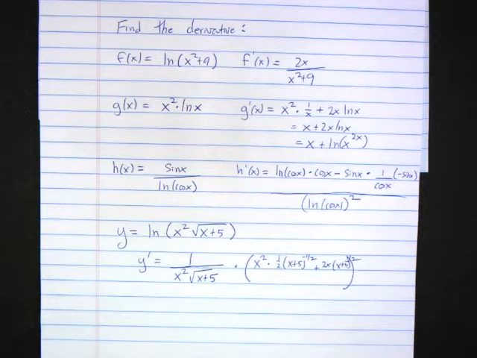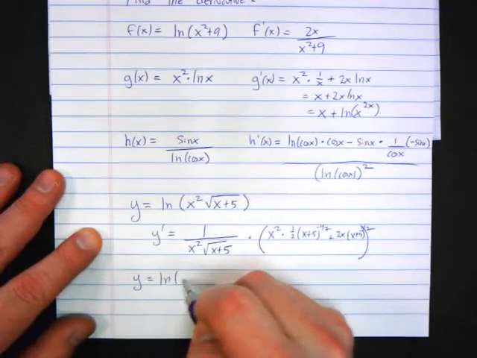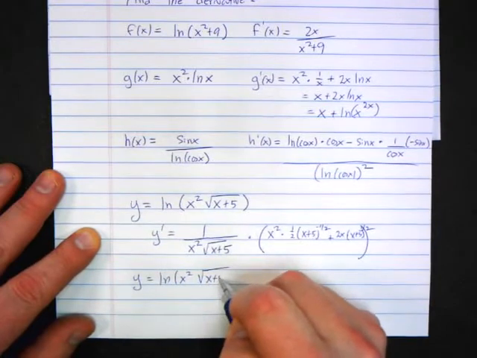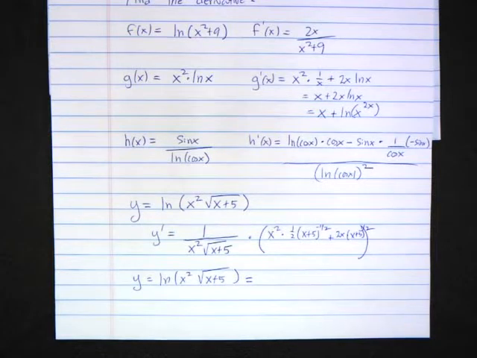Here comes the easy way. What was your easy way? Splitting it apart. Use properties of logarithms to split it up. So what's that going to do for you? Multiplication, which means you don't need to use the product rule, because it's going to change multiplication into addition.